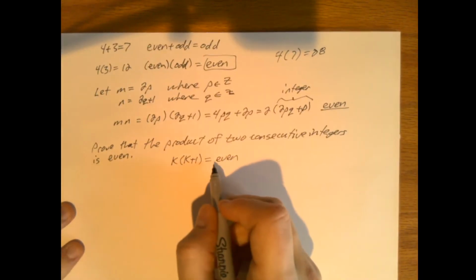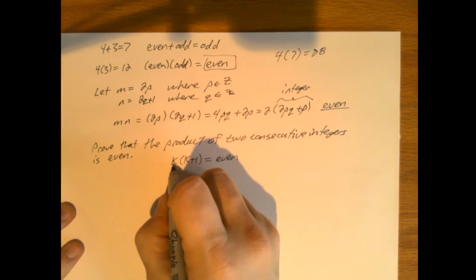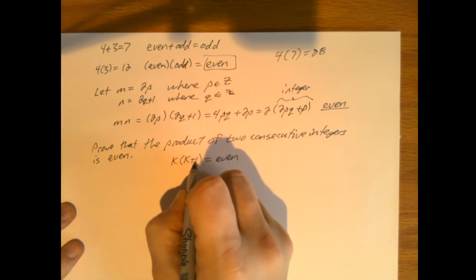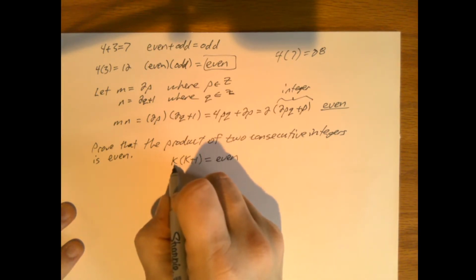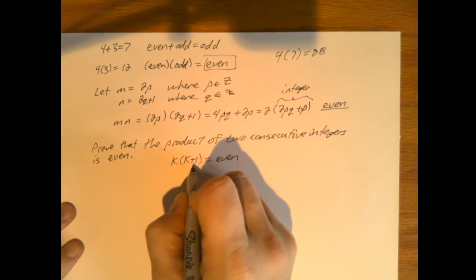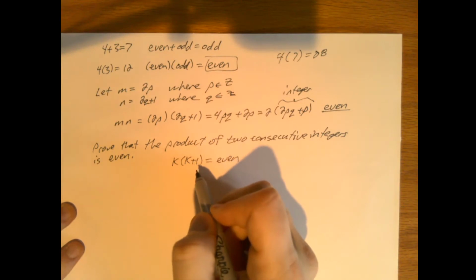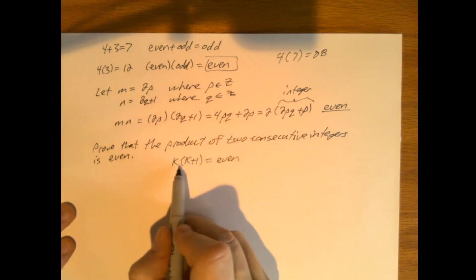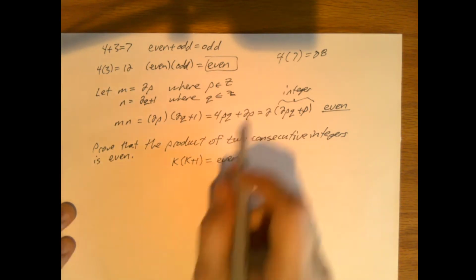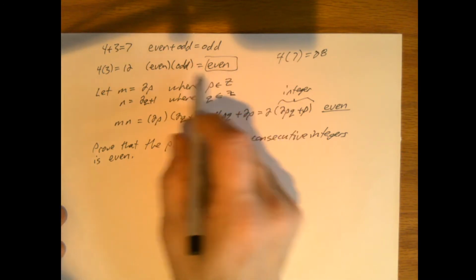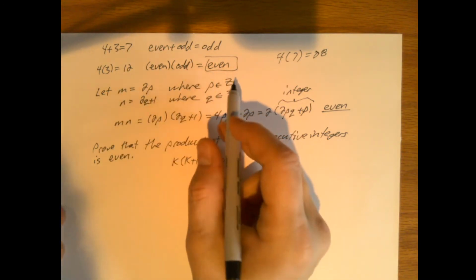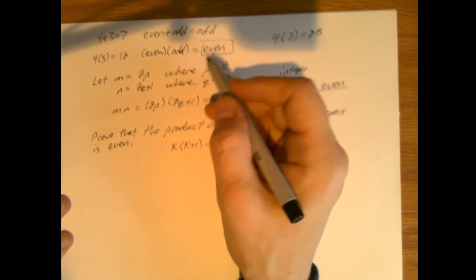So what would these be? Well, if k is even, then k plus 1 has to be odd. If k was odd, then k plus 1 has to be even. So we've actually already proved this. This is really more of a special case because the numbers are forced to be 1 apart, but it doesn't change this underlying result. But let's say that I don't realize that, or we haven't already proven this.